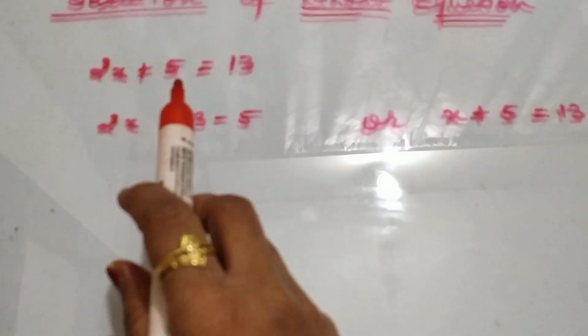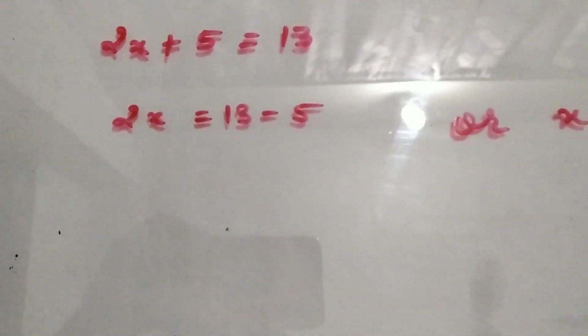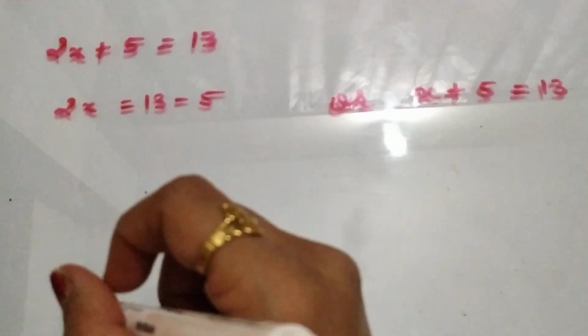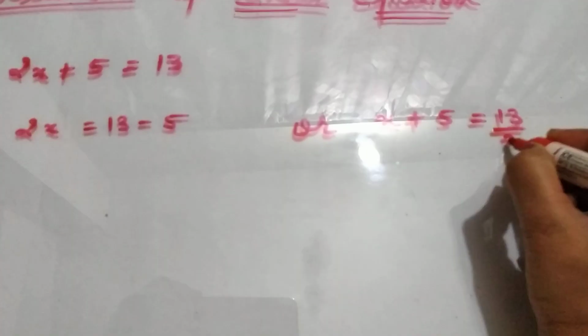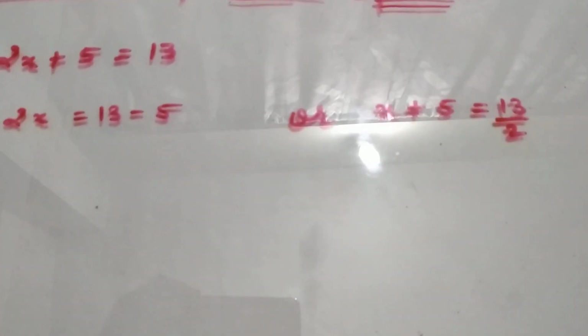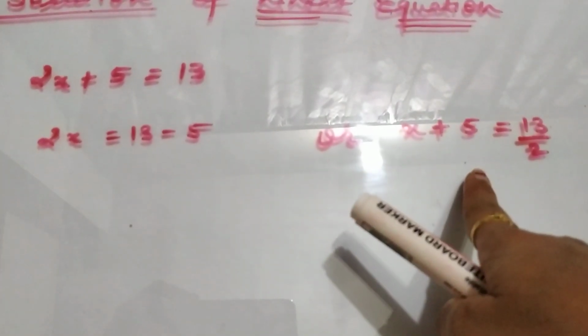Some are taking 5 and some are taking 2. So which is right and which is wrong? Because only one of them is right.